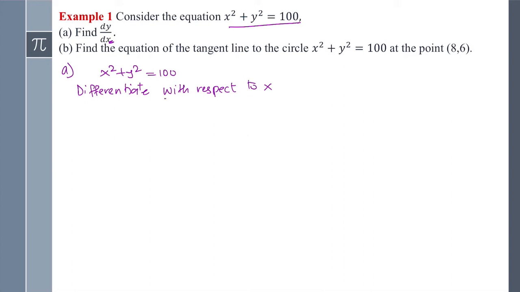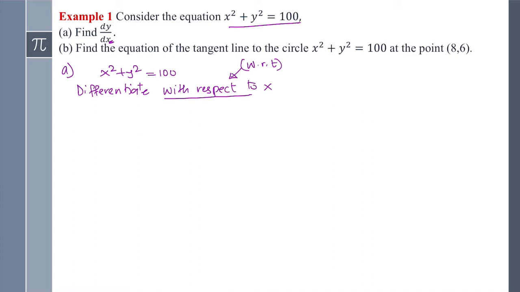I might use w.r.t., which means with respect to, in other examples later. So differentiate both sides of this equation with respect to x.